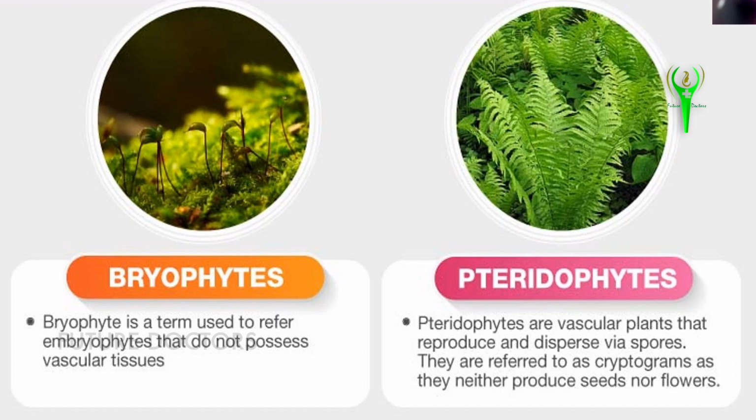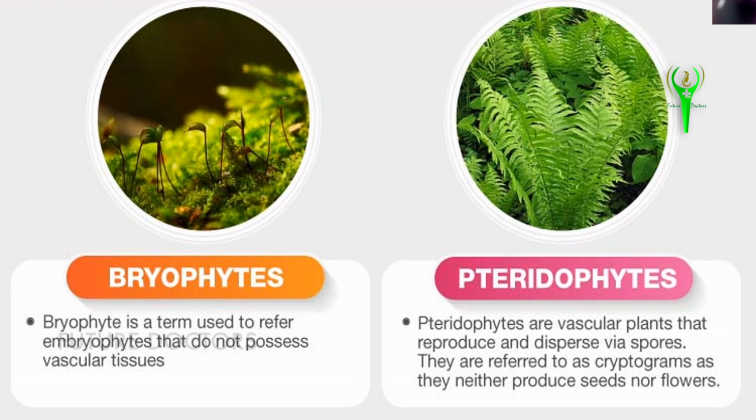So, the difference between bryophytes and pteridophytes. Bryophyte refers to embryophytes that do not possess vascular tissues. But pteridophytes are vascular plants that reproduce and disperse via spores.